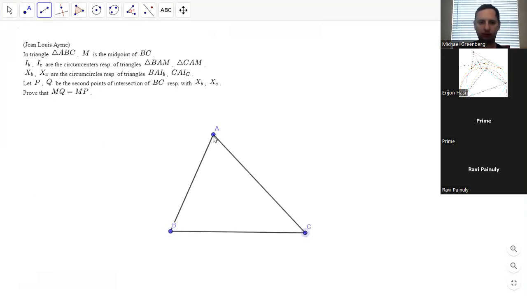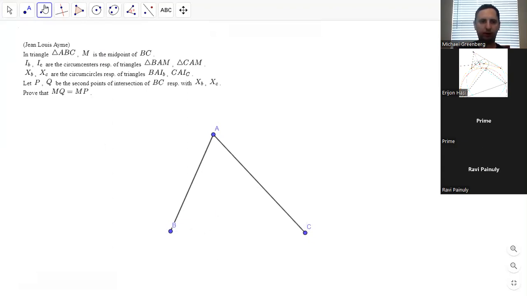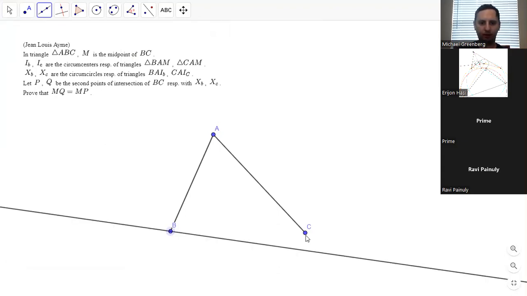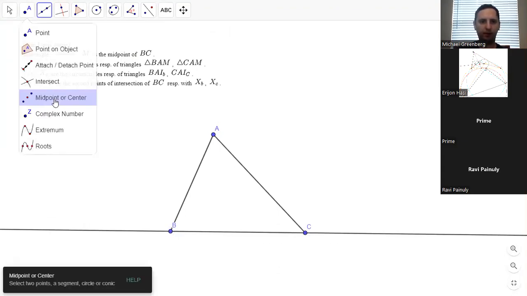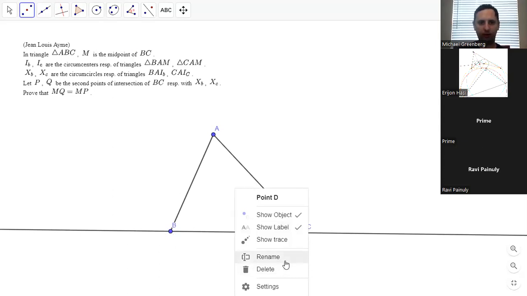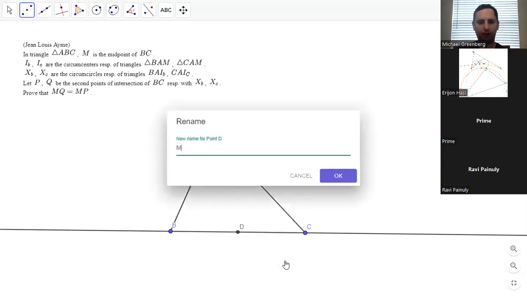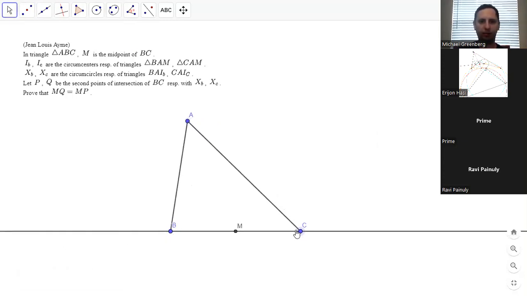Let me actually, for BC, draw a line instead of a segment. So M is the midpoint of BC. And then we draw the circumcenters of BAM and CAM. And I think this problem actually has a name. I think it's called Sparrow's theorem.